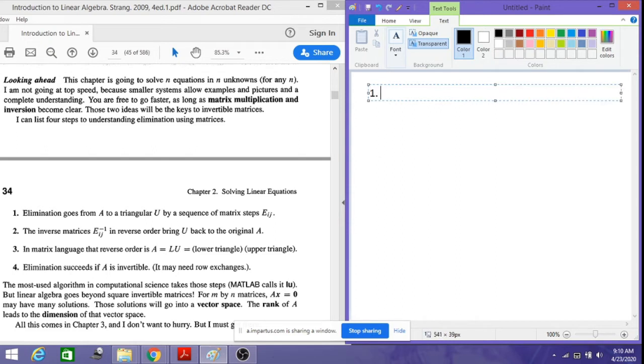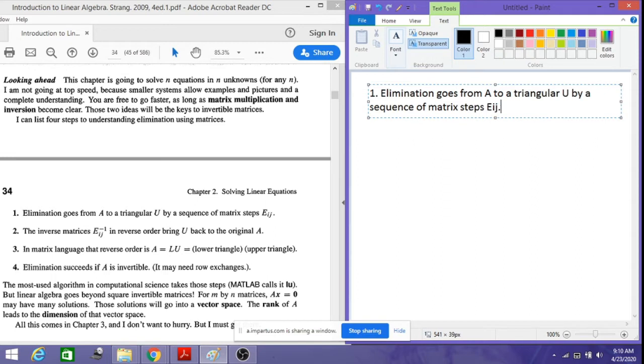The first one is that elimination goes from A to a triangular U by a sequence of matrix steps E_ij. So this is the first step.